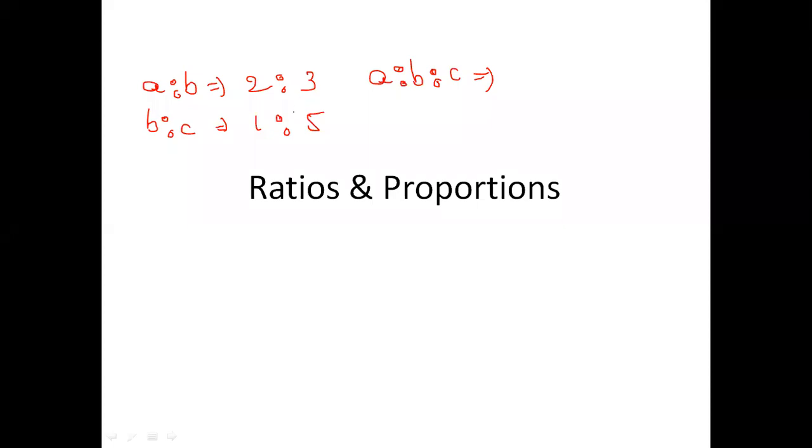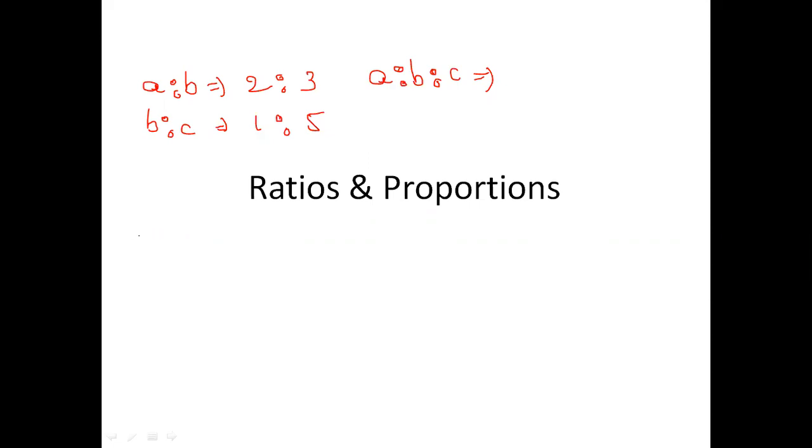So my task is equating the B value in both the ratios to only one value. I repeat, B is equal to 3 in the first ratio and B is equal to 1 in the second ratio. My task is to equate the value of B in the first ratio and second ratio to one value.